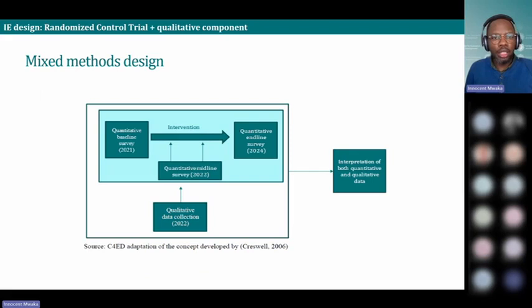So maybe just as a snapshot, first of all, this is a heavily quantitative approach. We have the quantitative baseline that was done, the intervention was started, and then we have the quantitative endline, which is scheduled for 2024.